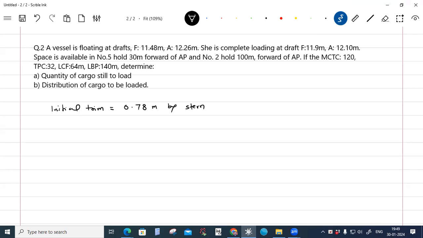Initial trim. अच्छा, लोडिंग वगैरह कंप्लीट कर लिया इसने, तब इसका फाइनल ट्रिम कितना हो जाएगा? Final trim is 12.1 minus 11.9, 0.2 meter by stern.